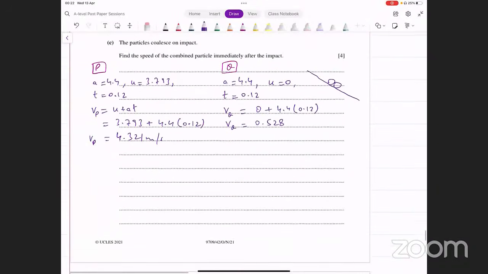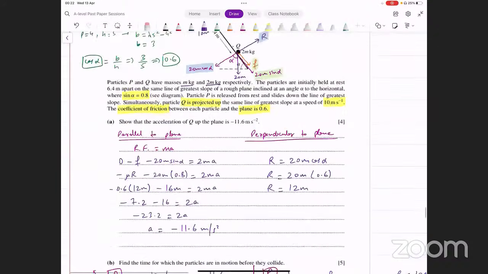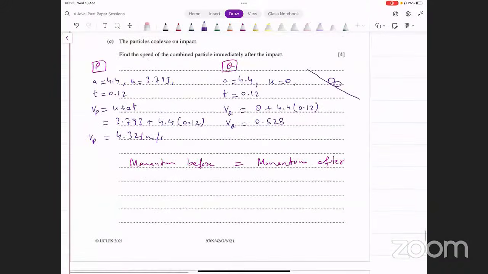Now you can say momentum before collision should equal momentum right after collision. What is the momentum before collision? The mass of P was m, Q was 2m. So P is m kilograms and Q is 2m kilograms.